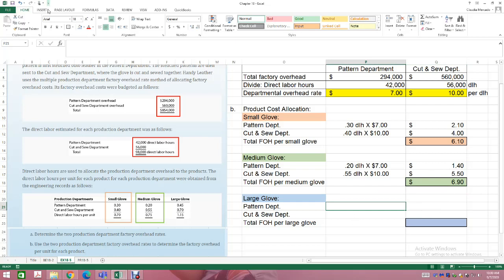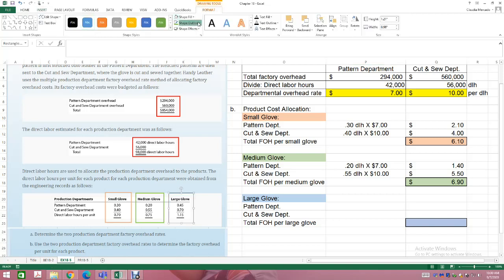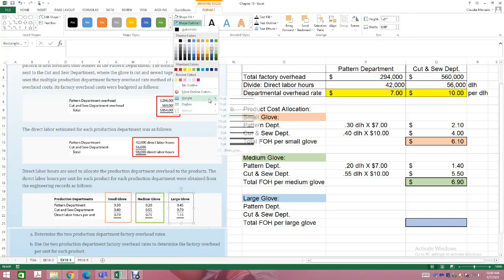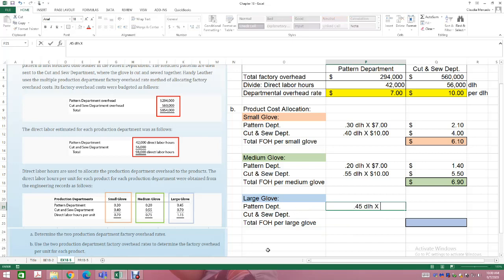Last but not least, we're going to do the large glove. This is where we're getting the large glove information. So this is the large glove right here. For the pattern department, we have 0.45 direct labor hours times my pattern rate of $7, which is $3.15.